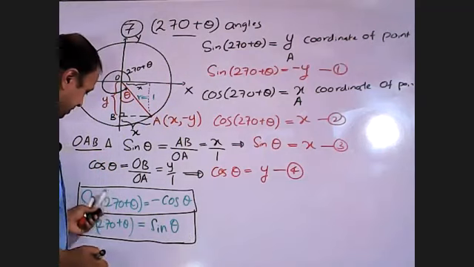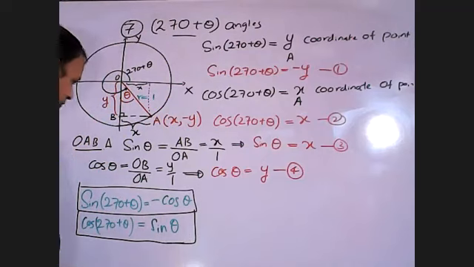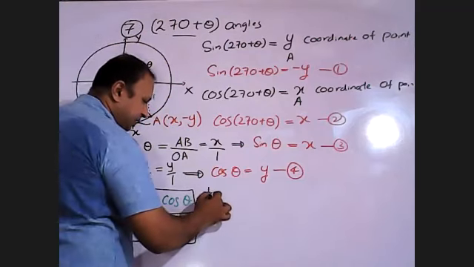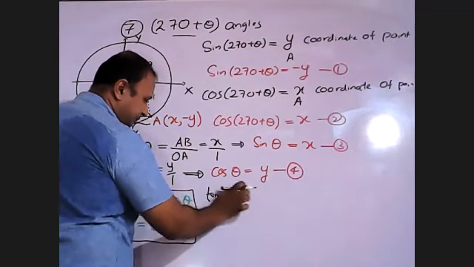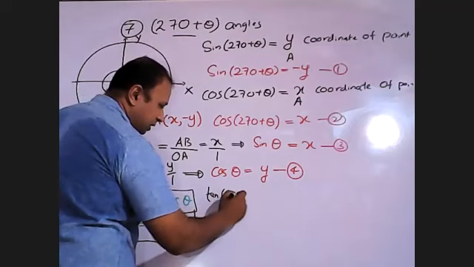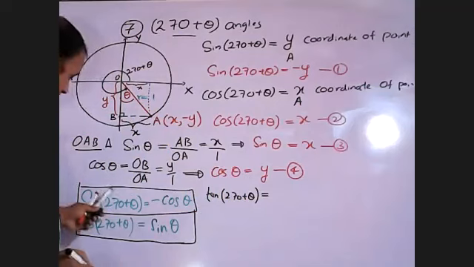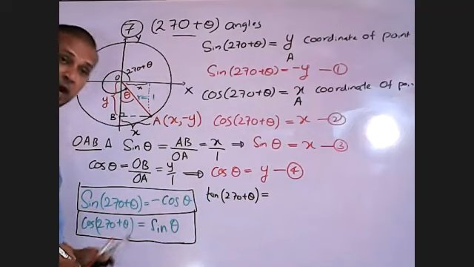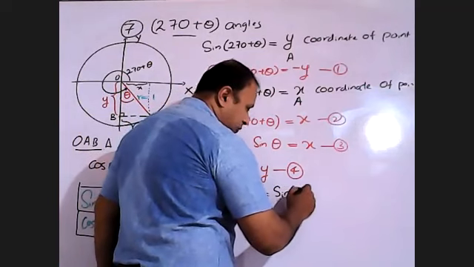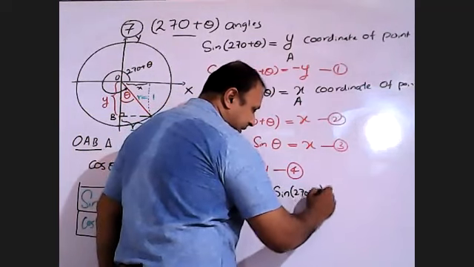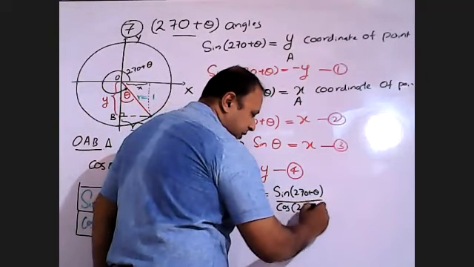Then you can divide these two equations to get the tan theta value. Therefore, tan 270 plus theta is equal to sin 270 plus theta over cos 270 plus theta.